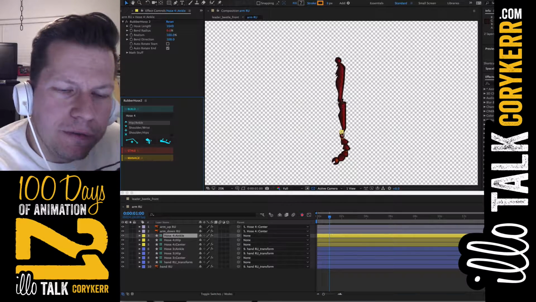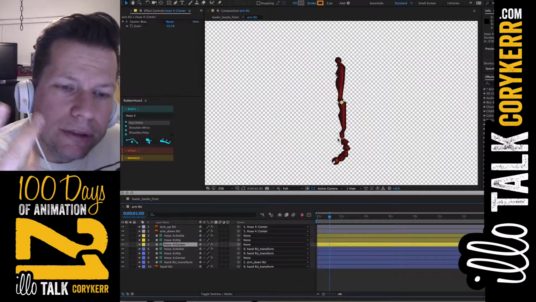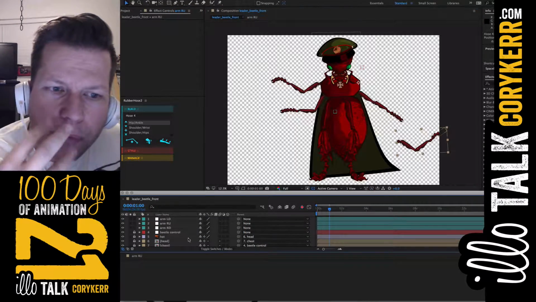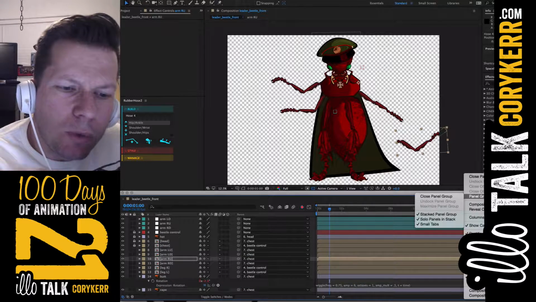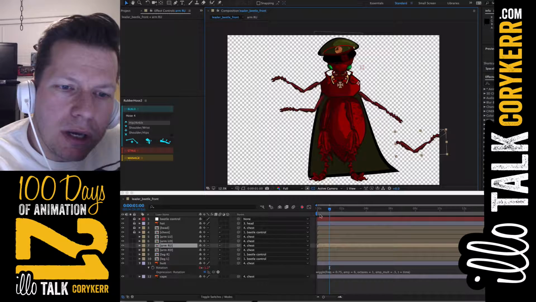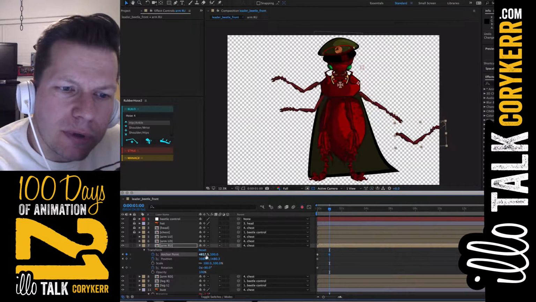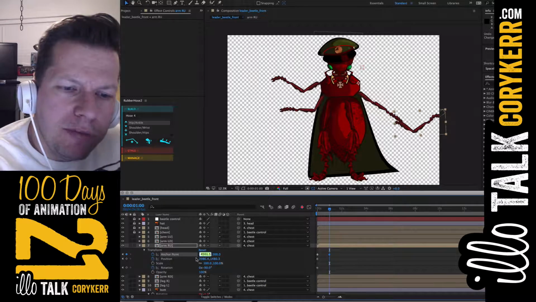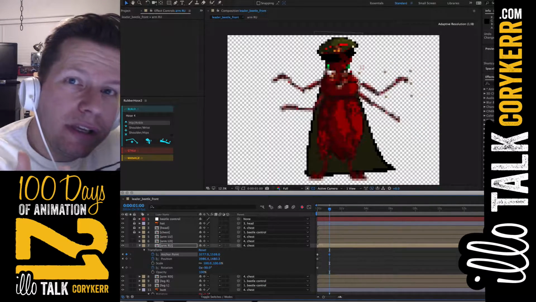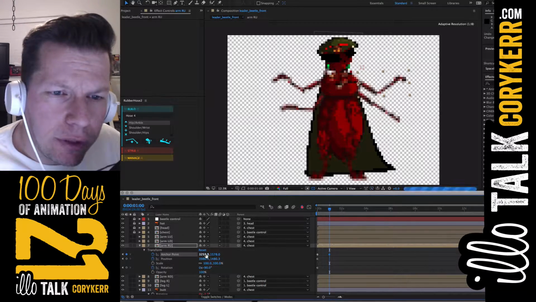The feet don't move and everything else is in constant motion, including the antenna and his mouthpieces as well. That allows me to still animate and keyframe different things, like his arms, and move them around, but he's also in constant movement without any keyframes. So that's the basics of what's going on.